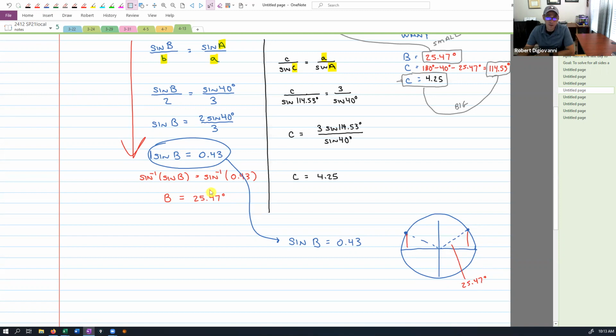From doing the inverse sine on our calculator. But this angle from here to here will be 180 take away that 25.47. So 180 minus the 25.47 would be 154.53 degrees.